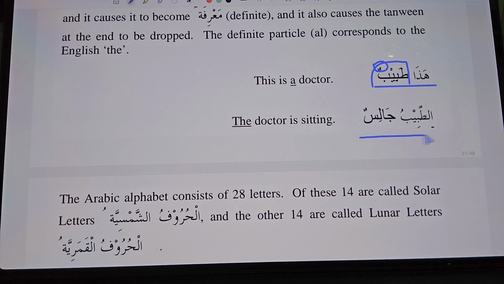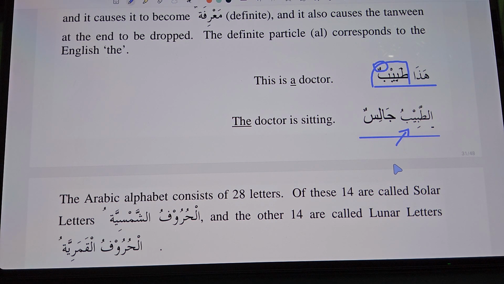Can you read this? At-tabibu jalisun. So the doctor is sitting. Naam, the doctor is sitting. What is this ism? Nakira or ma'rifa?